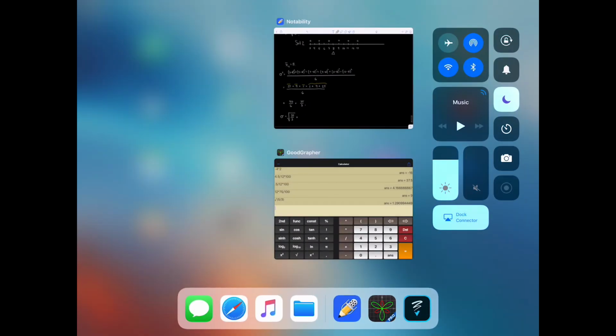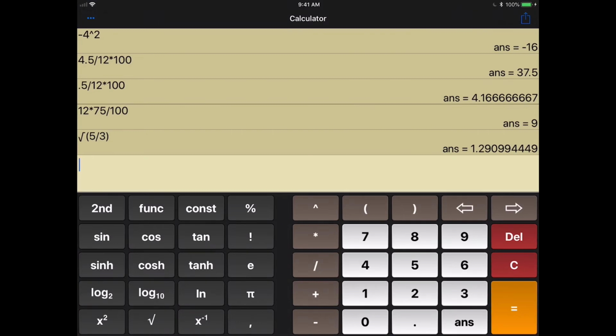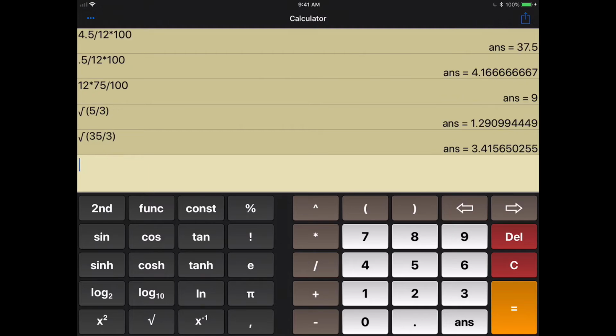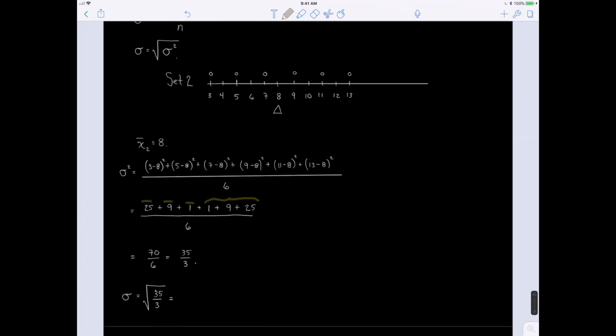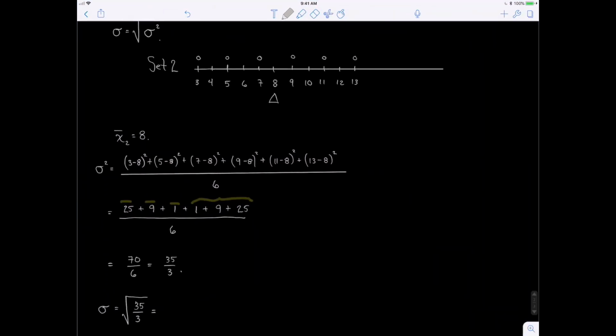Let's go to Good Grapher and see what we get. So I take the square root of 35 divided by 3. That's going to be 3.4. Now, what does that mean?